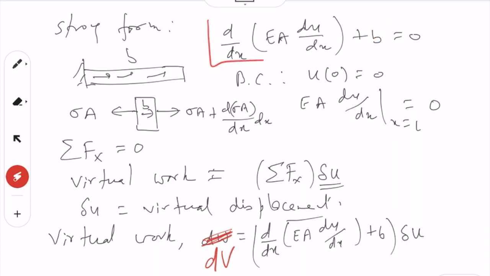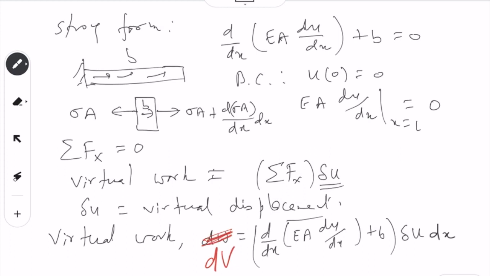And this is because we also have dx multiplied on both sides, but that we have removed, and hence for summation of Fx, you have to multiply by dx as well. So virtual work dV will be this multiplied by dx as well.